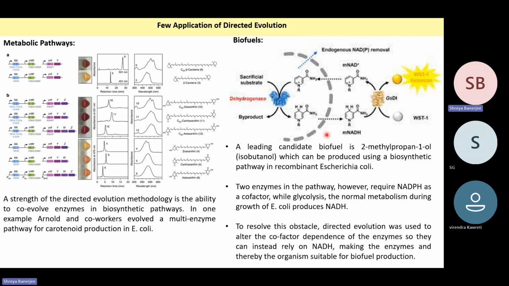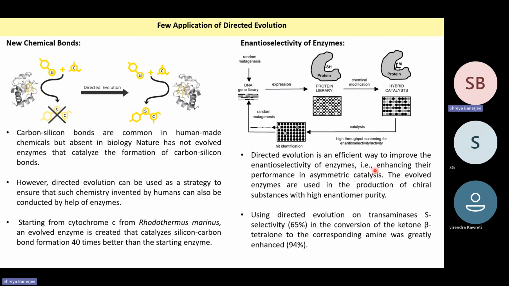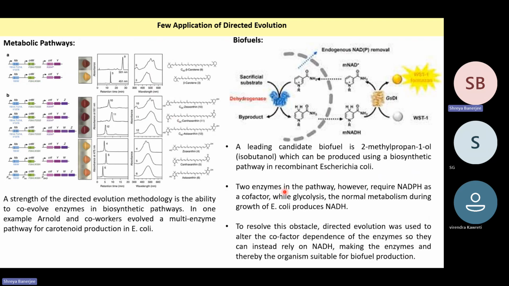So what was happening is that while producing isobutanol, the entire pathway required NADPH, but the much more widely available cofactor in E. coli was NADH.